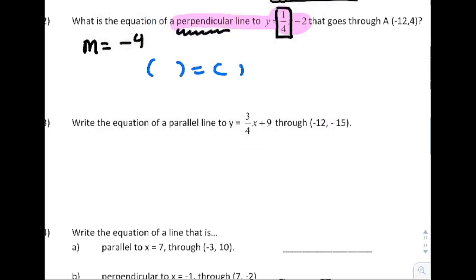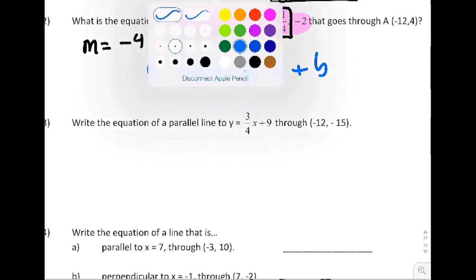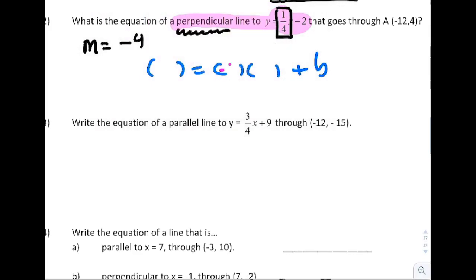Then you go y equals mx plus b. The slope is negative 4. The point they gave you, the x is negative 12, and the y is 4. So we have 4 equals 48 plus b.